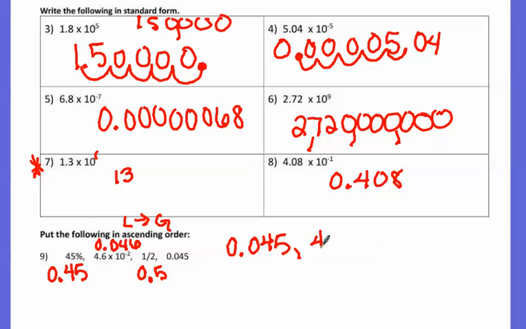I'm going to write this in its original format. Followed by 45 hundredths, or 45%, and 5/10, or 1/2.